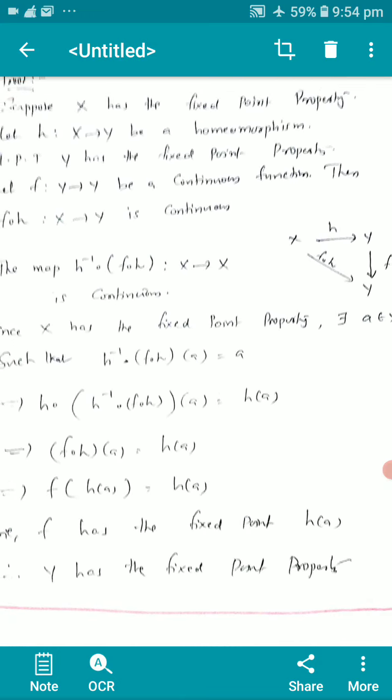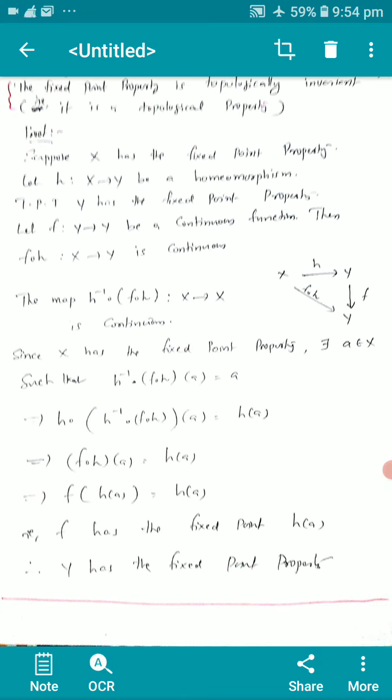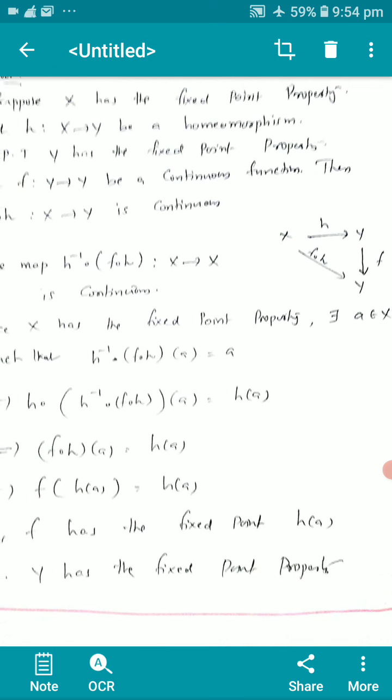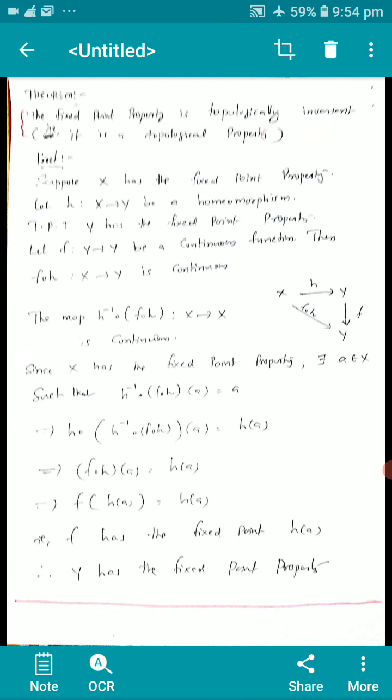Since X has the fixed point property, there exists an element a in X such that h inverse of f composite h of a equals a. This implies h composite h inverse composite f composite h of a is what? H of a.